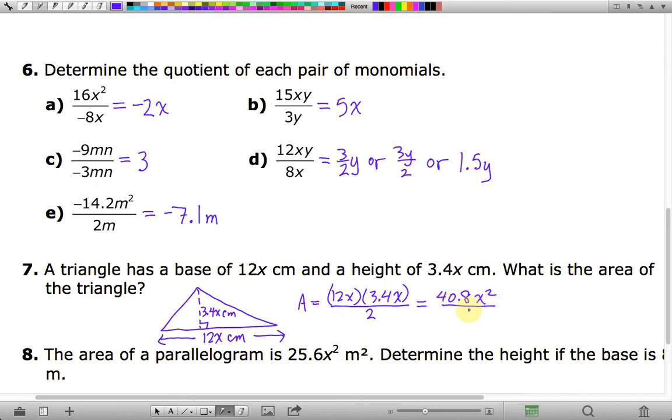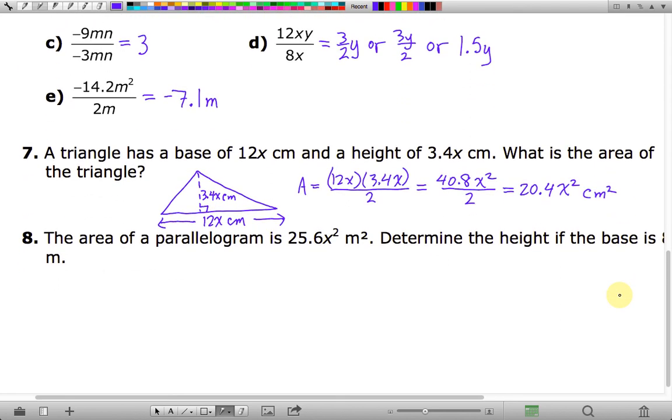We do have to divide by 2, so that would give us 20.4 x squared, and the units would be centimeters squared. So that's an example of a multiplication of polynomials type of question.